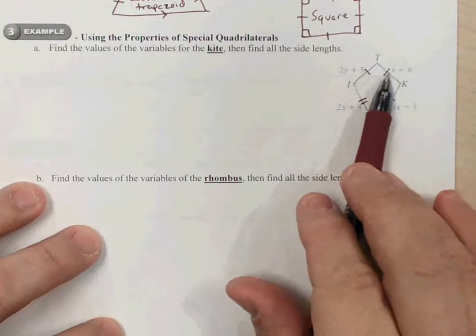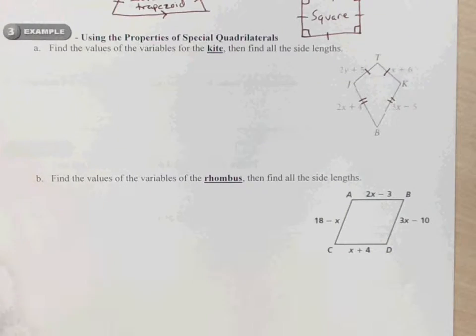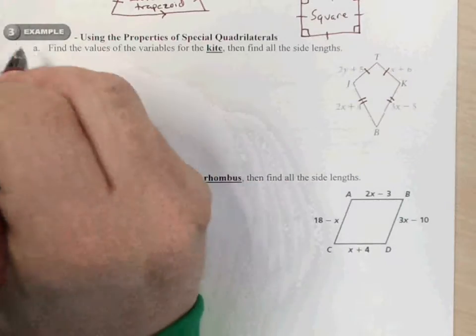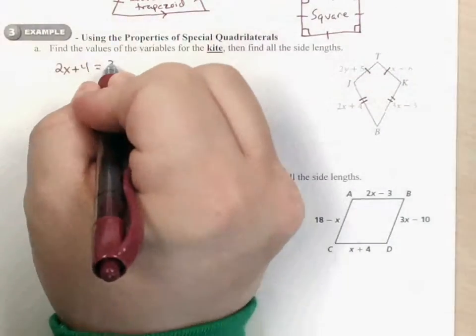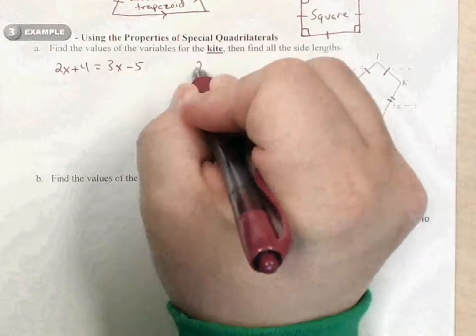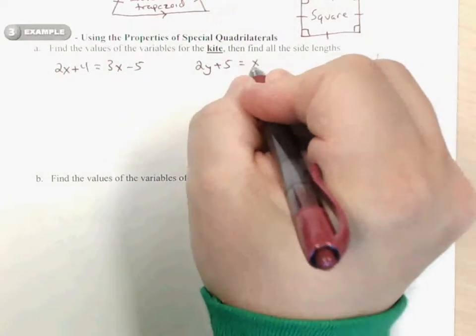So the top two are congruent, the bottom two are congruent to each other. So we can set 2x plus 4 equal to 3x minus 5. And we can set 2y plus 5 equal to x plus 6.